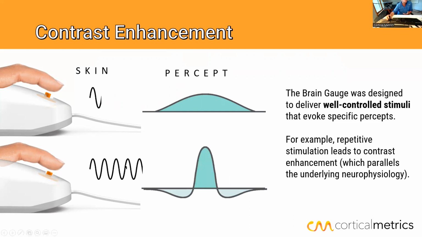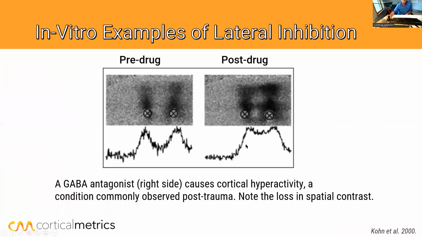That's why we have a specific stimulus duration that we deliver with the brain gauge. We deliver specific stimuli that we know will make this type of pattern, and when it makes that kind of pattern, it plays a big role in the contrast enhancement.